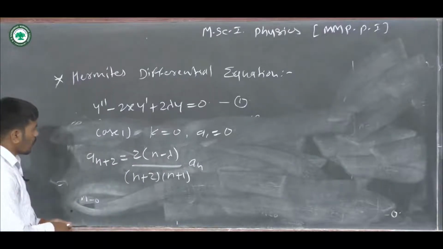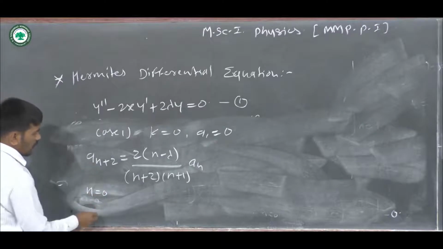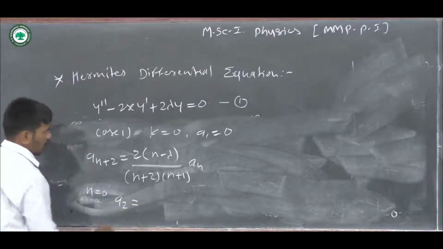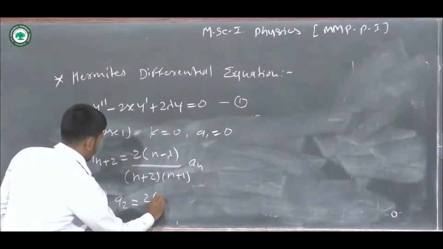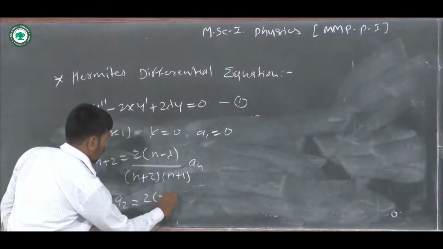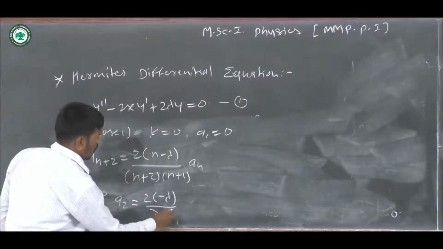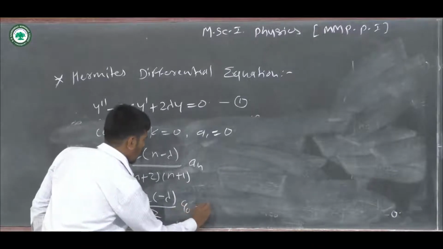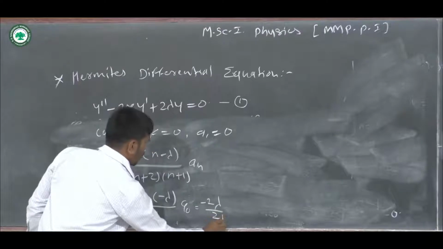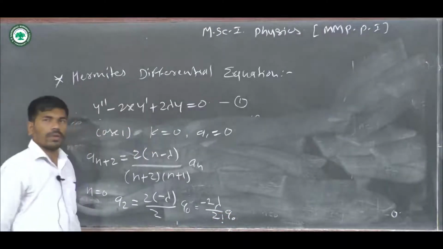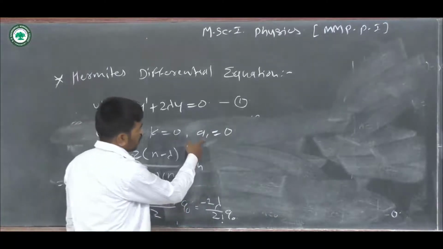Now if I put n is equal to 0, then we can find a2, which is 2 into minus lambda divided by 2 into 1 times a naught, so it is minus 2 lambda divided by 2 factorial a naught. This is the value for a2.